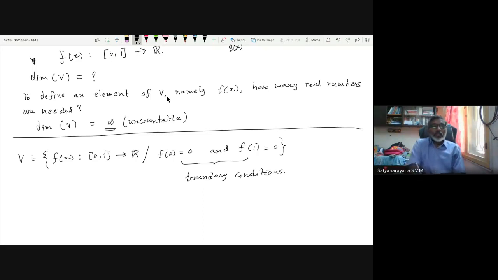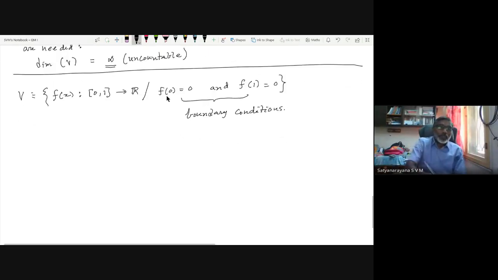Now you can ask a question. If you have a boundary condition like this, not all functions of the above vector space will become members of this vector space, right? For example, suppose this is your x, this is 0 and this is 1, and you have a function like this.